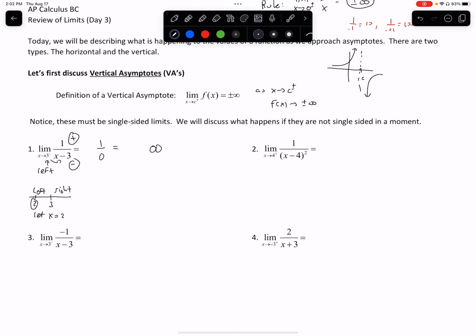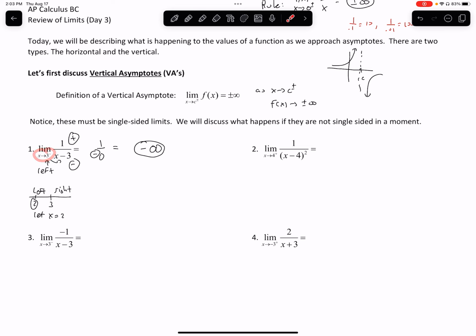So I have a positive over a negative. Well, what's a positive divided by a negative? A negative. So we get a negative infinity right there. Even though it's like 1 over 0, the 0 is kind of negative. We're approaching 0 from the negative side, and that's what we're saying right here. As x gets really close to 3, the bottom is approaching 0, but from the left side, from the negative side of it.